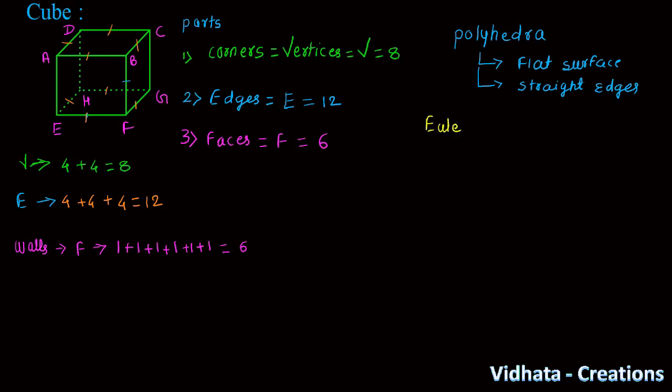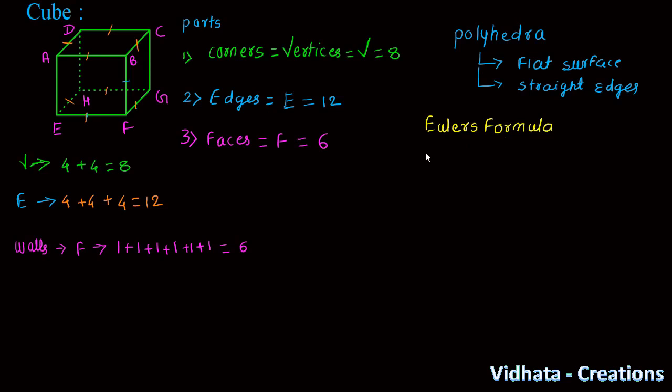What is that relation? The relation is between the vertices, edges and faces. What does Euler's formula tell us?